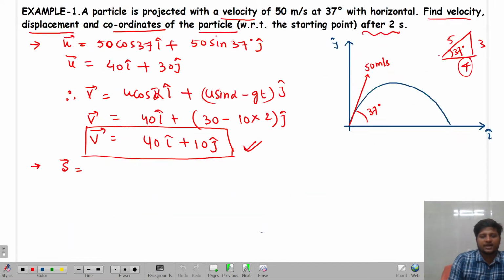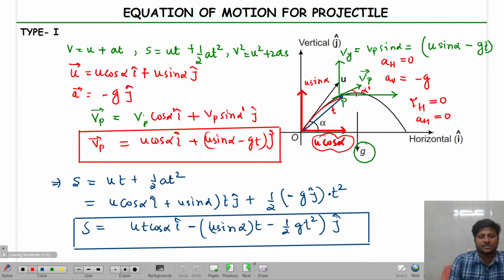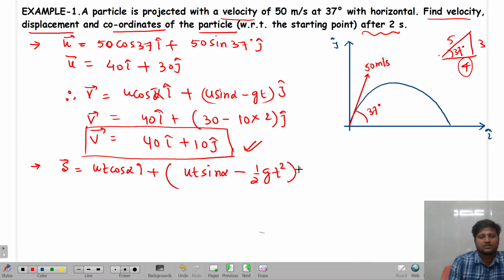ut cos alpha i cap, ut cos alpha i cap, I will just write it like this, plus ut sin alpha minus half of gt square, I think gt square only, gt square j cap.